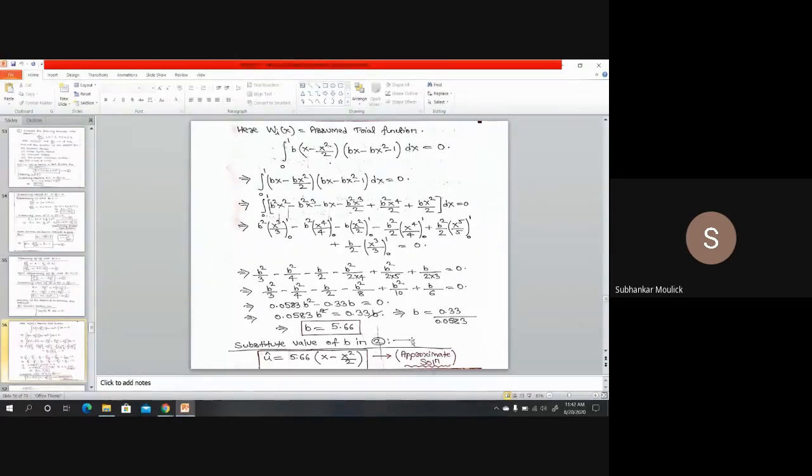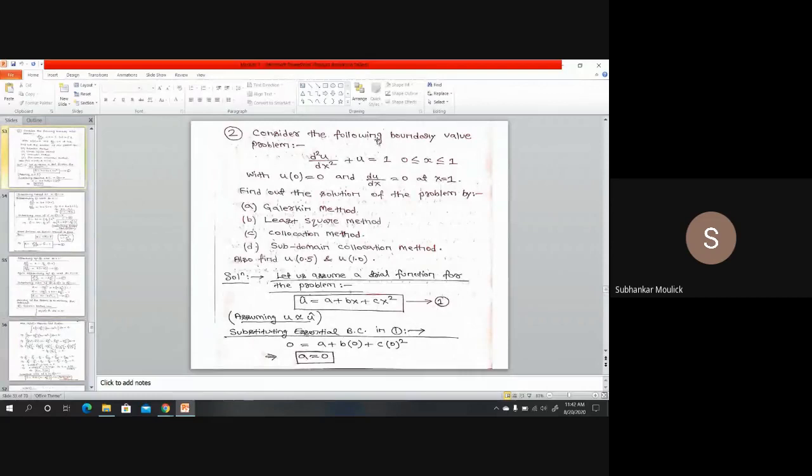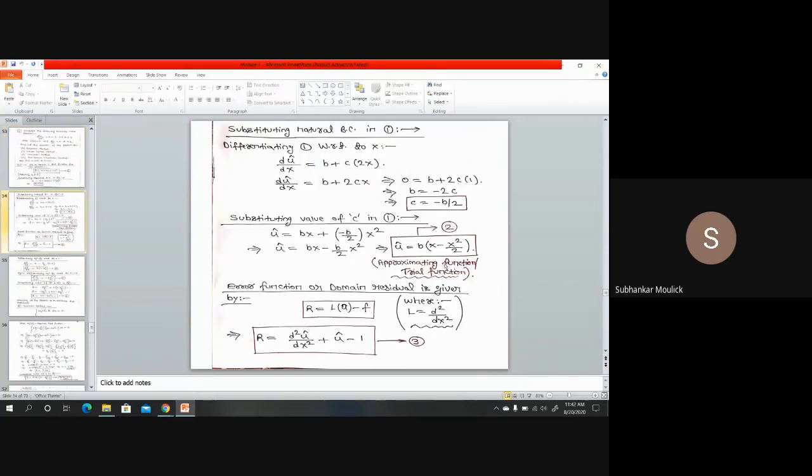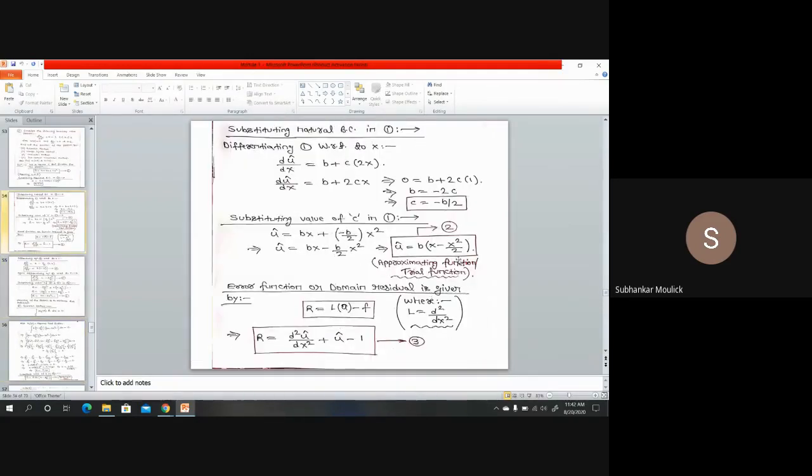Fine. But what do I need to find out? I need to find out the approximate solution for this given differential equation by Galerkin method. Already I have assumed that my approximating solution is u cap equal to b into x minus x square by 2. And by Galerkin method, I got the value of b to be 5.66. So in this expression, I can substitute the value of b.